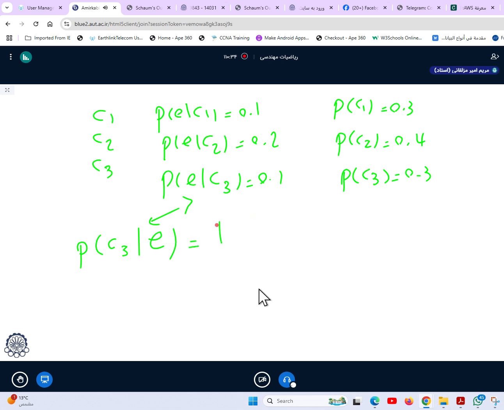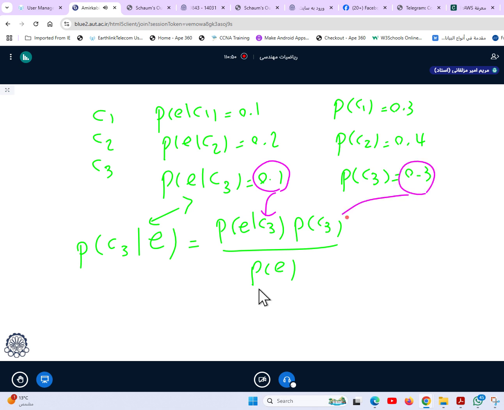We have this formula from the Bayes formulation. We replace these values from here, but in the denominator we need the probability of error.